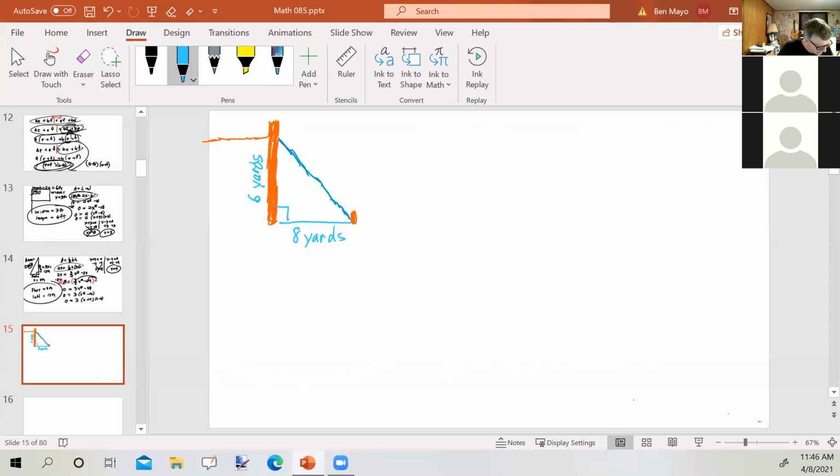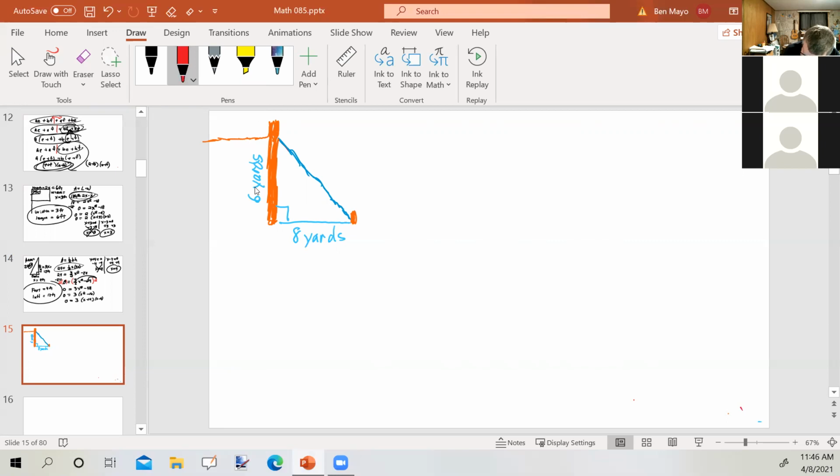Let me read it to you. It says, a builder of a high ropes adventure course wants to secure a pole by attaching a support cable from the anchor stake 8 yards from its base to a point 6 yards up the pole. How long should the cable be? So basically what we've got is this, okay?